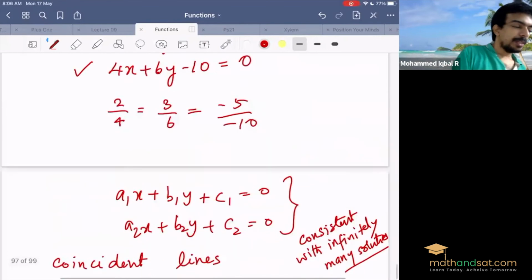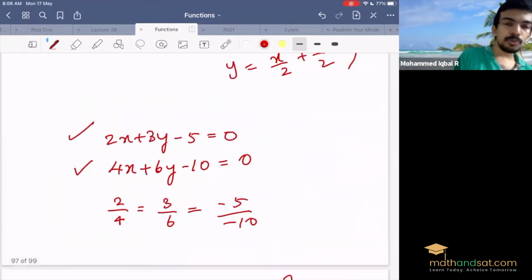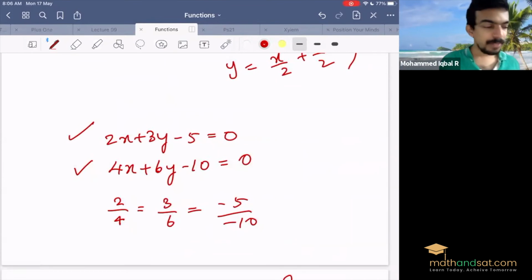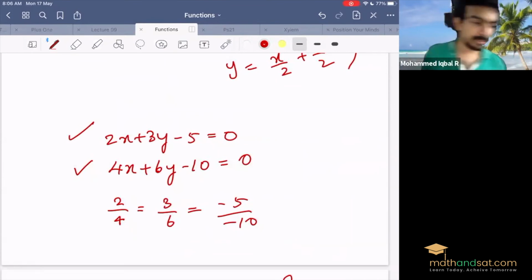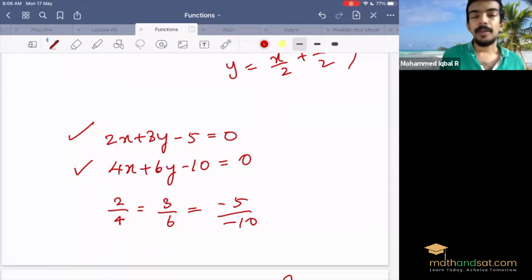Anyway, now see in these two equations, one of the lines is 2x plus 3y minus 5 is equal to 0. The second line is 4x plus 6y minus 10 is equal to 0. Since the coefficients are proportional, they represent the exact same line.